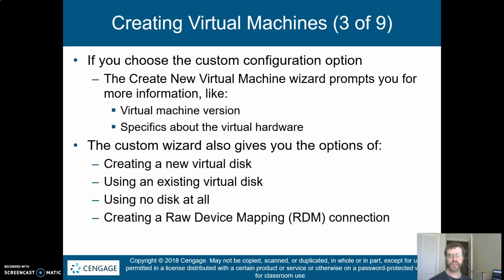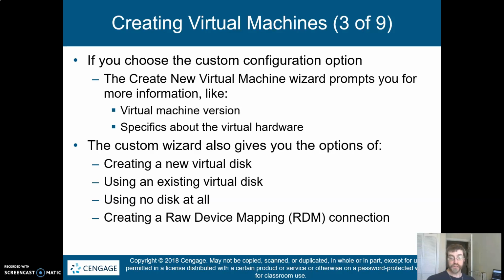Now, if you use the custom option, that'll allow you to do more things like change your virtual machine version, which is one of the things you'll see in the labs. You choose your virtual machine version, and these give you more options. And again, it's going to tell you that with your virtual machine versions, you may not have all the features you want if you build this in the vSphere client as opposed to the web server.